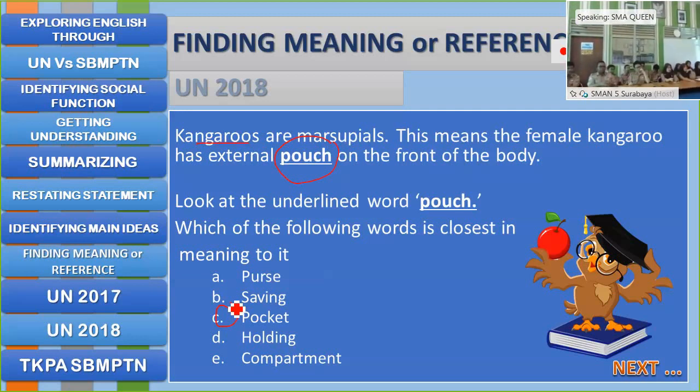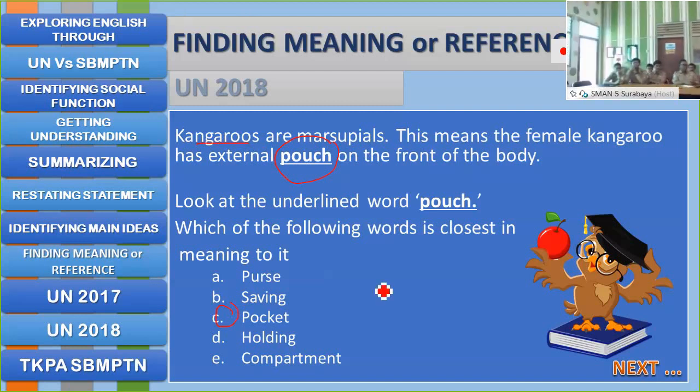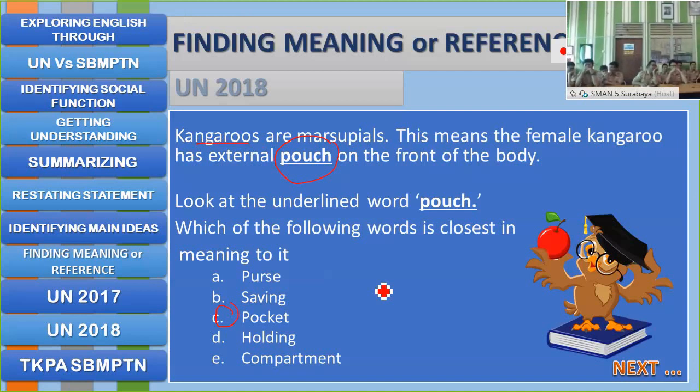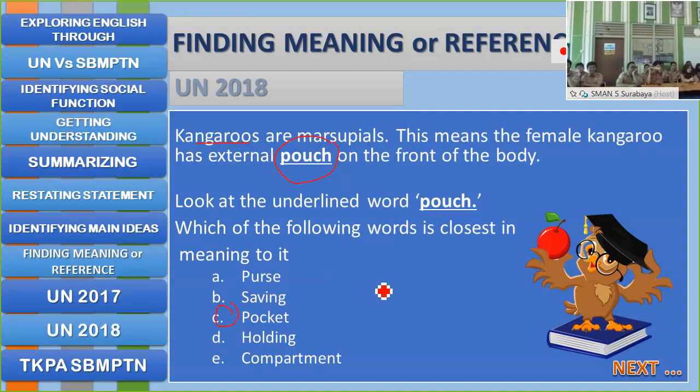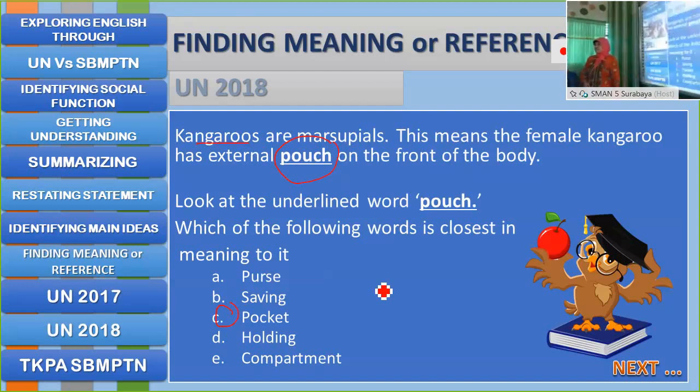Do you think that people need to keep something in their pockets? The baby, yeah. It will be used to keep the baby safe. I think a kangaroo does not need to keep money in its pockets. Yes, next.